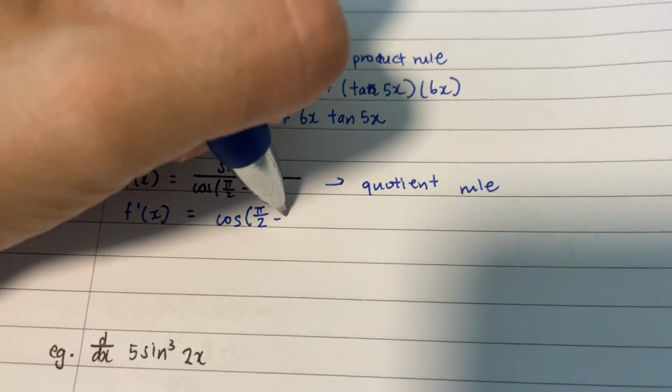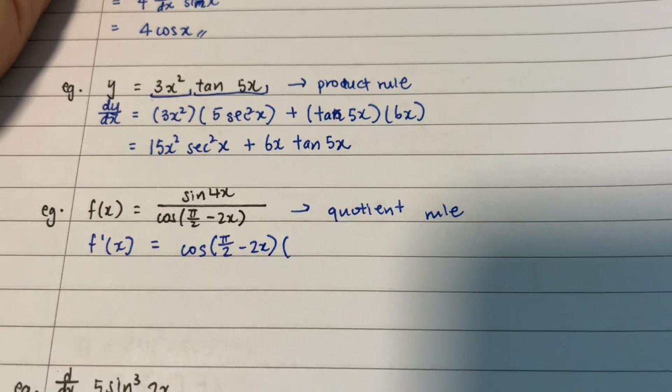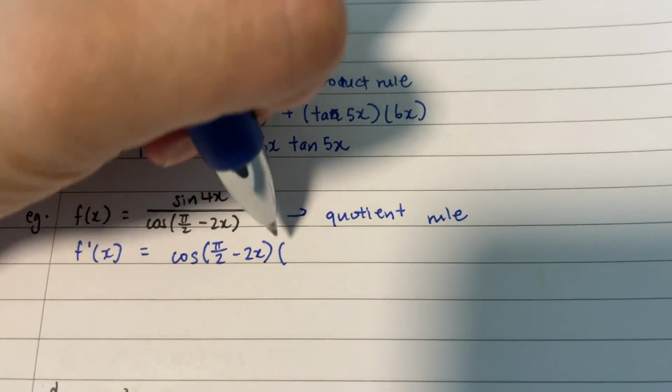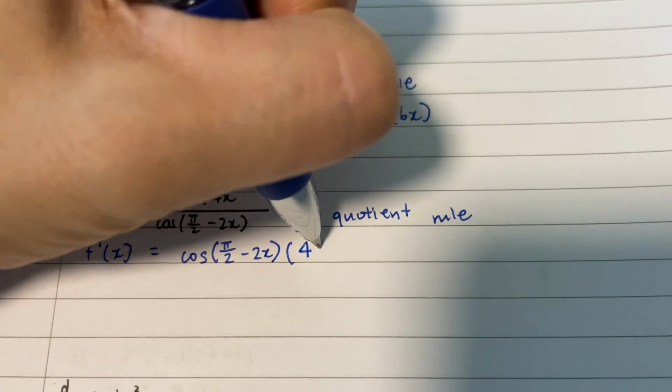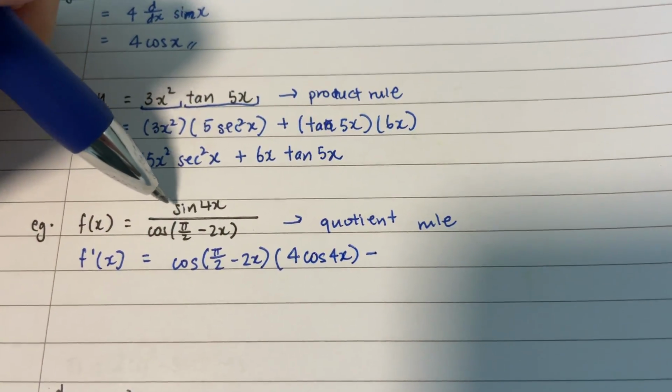v, right? And then we differentiate u. We differentiate u means we want to differentiate our sine 4x. We bring out the 4 as we differentiate 4x, the cos 4x, minus, we keep this constant.